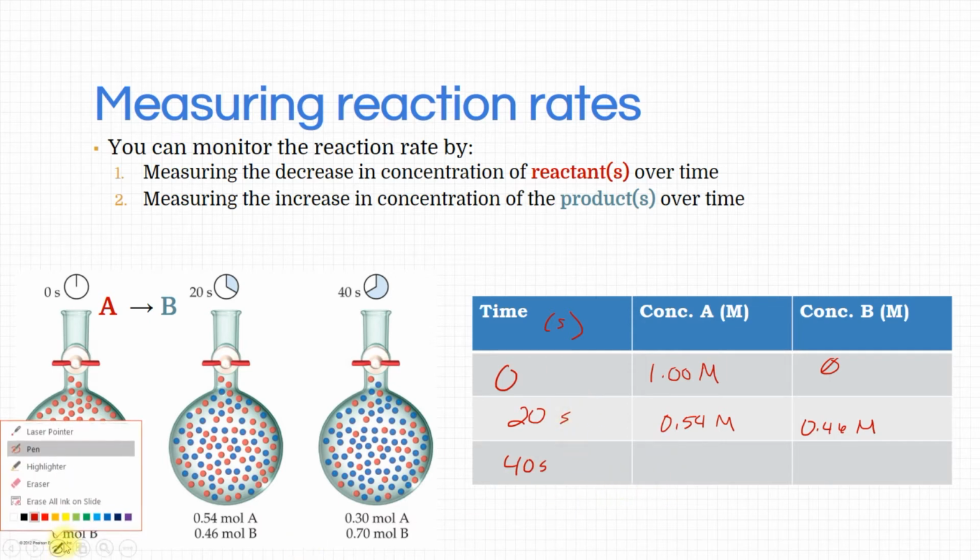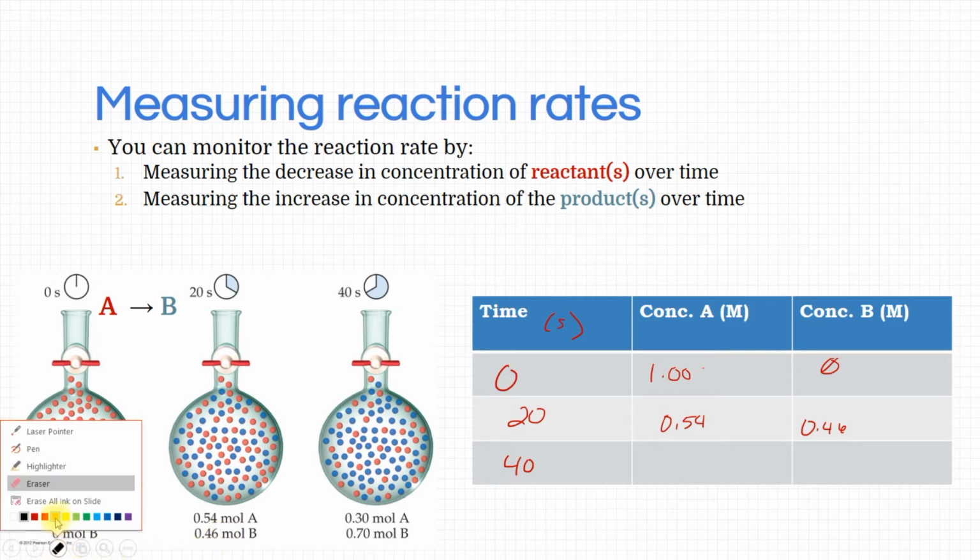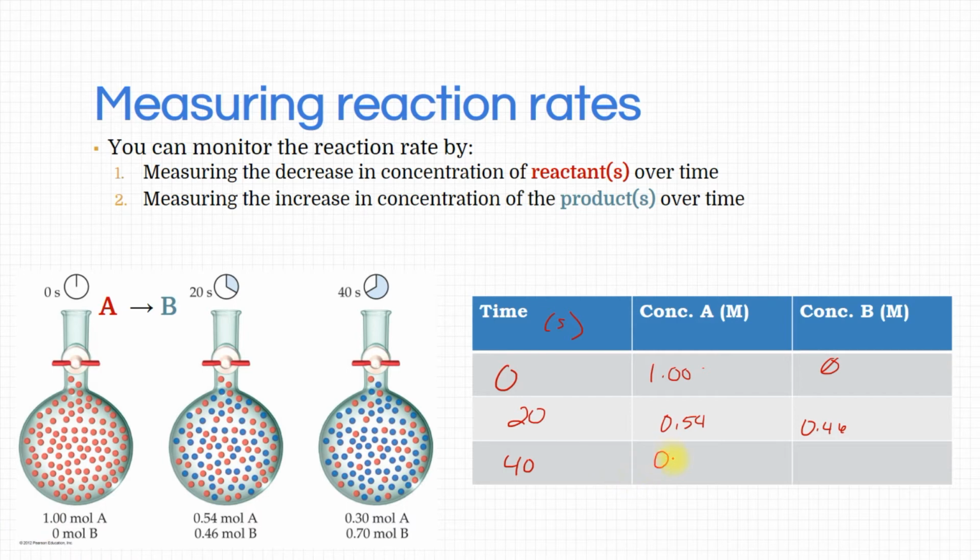All right, so the next time point is at 40 seconds. I'm going to make this look neat. There we go. A little bit better. So at 40 seconds, we have 0.3 moles. Oh, those are different colors. And 0.70 moles of B.